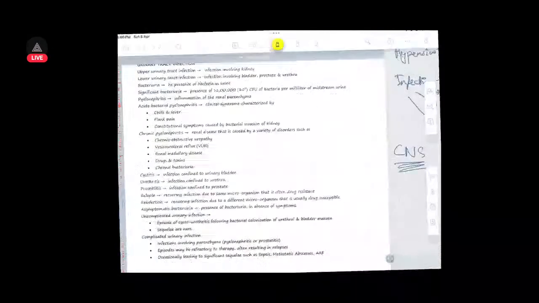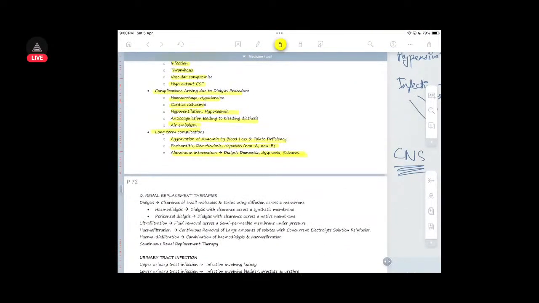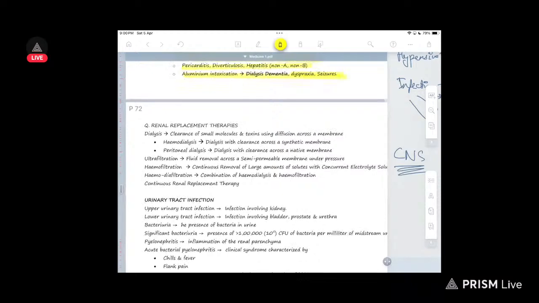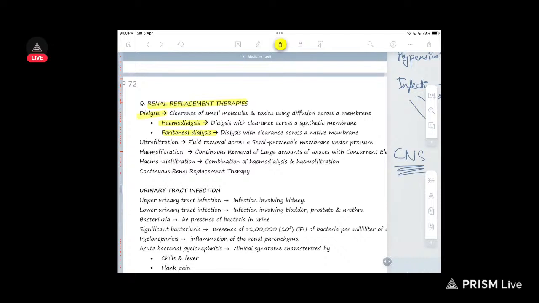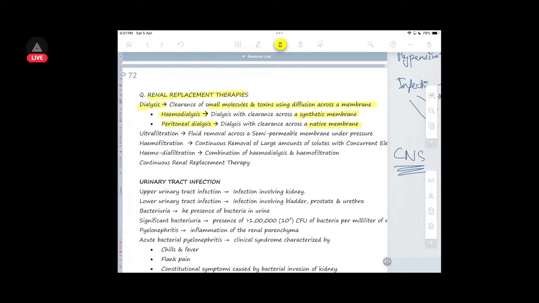Renal replacement therapy is dialysis, hemodialysis, peritoneal dialysis. Small molecules and toxins are removed using diffusion across the membrane.